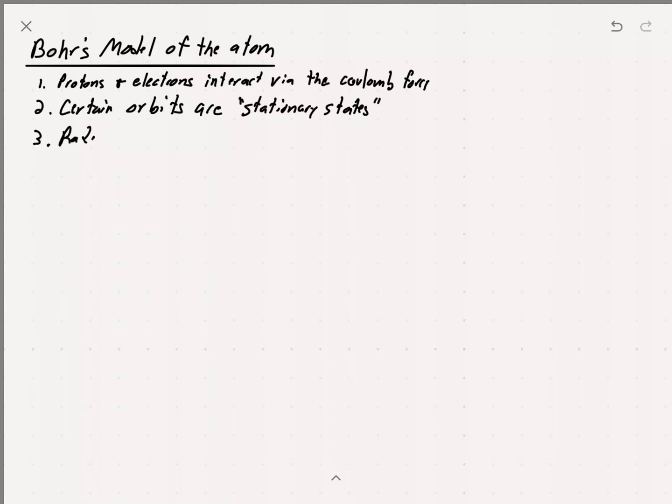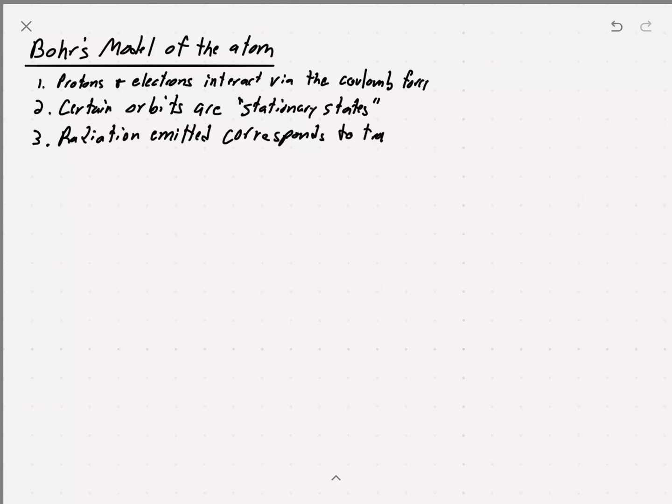Radiation emitted corresponds to transitions between states, so the energy of the initial state minus the energy of the final state is going to be equal to h nu.